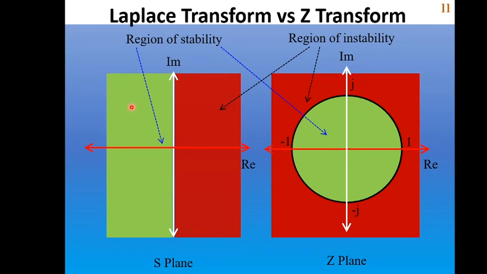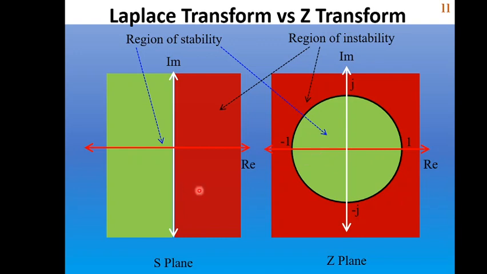In case of S-plane, left side of this imaginary axis, shown in green color, corresponds to the interior of unit circle in Z-plane. These regions are stable regions. In these regions, impulse response of a system is stable.